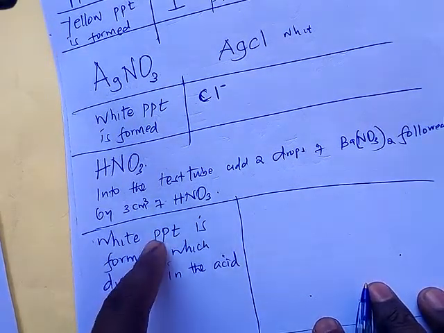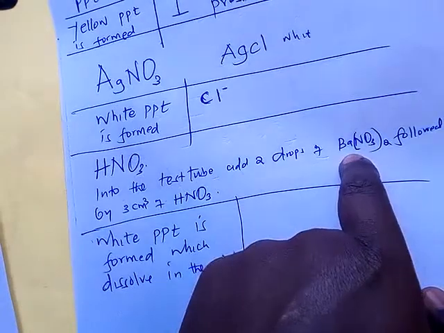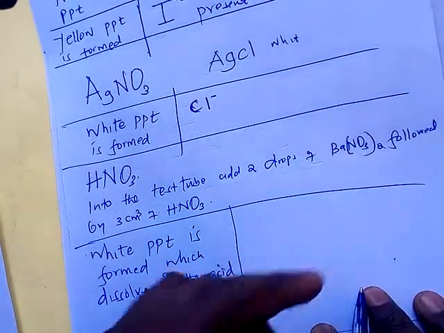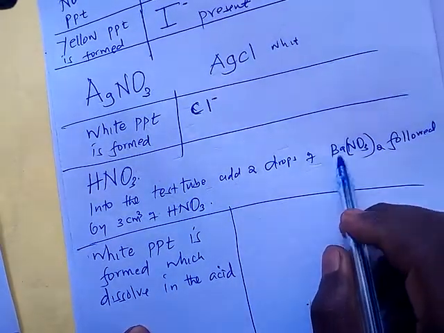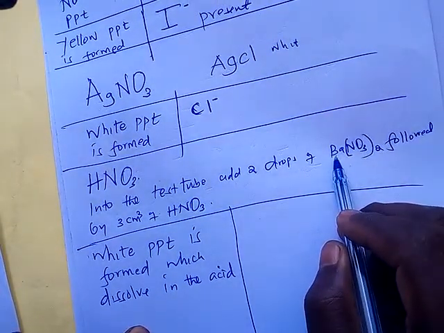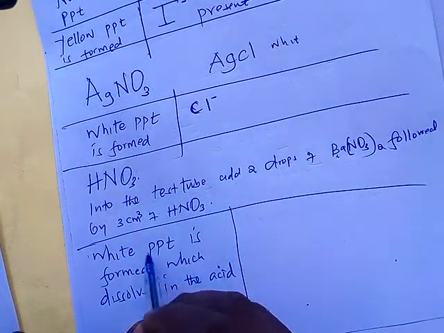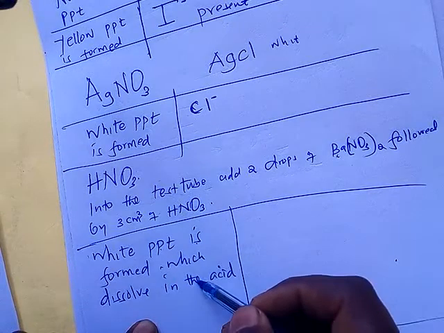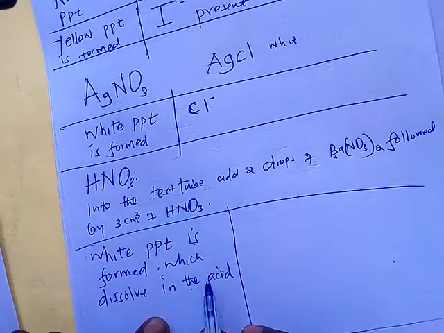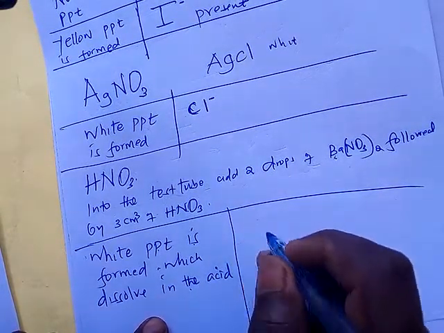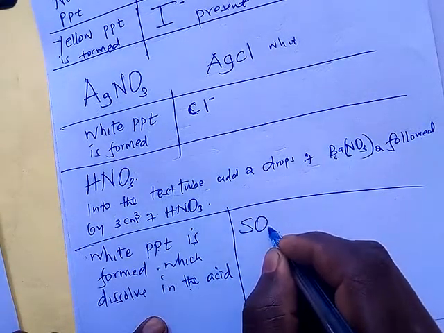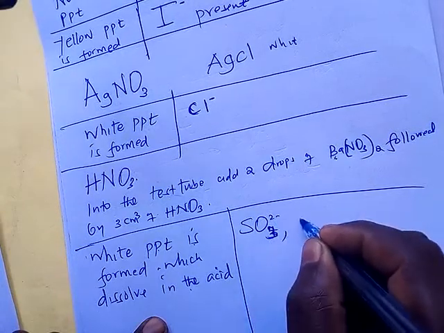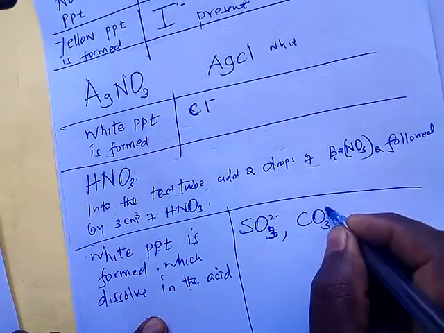So if a white precipitate is formed when you are adding barium nitrate, remember, barium will form barium carbonate, barium sulfate, and barium sulfite. So if a white precipitate is formed, and then when you add the acid the white precipitate dissolves to form a colorless solution, it confirms that what was there is the sulfite or the carbonate.